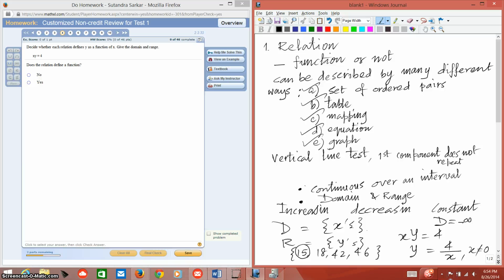You cannot write it down like all real numbers except 0. In this case, you have to use the notation. So it comes out to be negative infinity to 0, not including 0, so I will use the closed parenthesis, and I'll use union, and then it's going to be my 0 to infinity. So that becomes my answer for the domain.